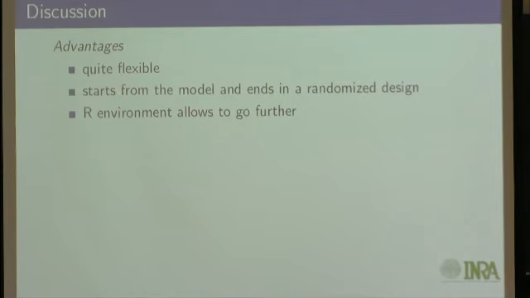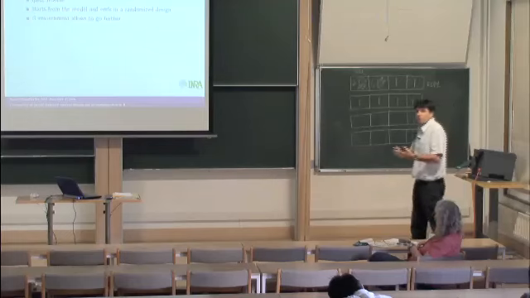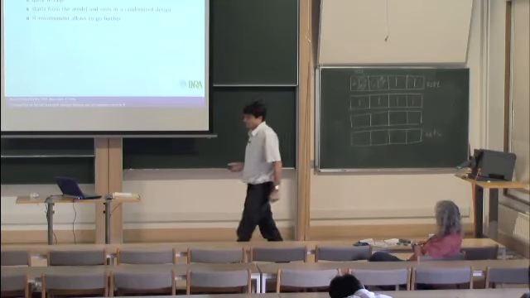And of course, if the speed is not too much of a problem, if the problem is not too big, it's very easy to try several solutions, to see that one solution is impossible because one specification is impossible to satisfy because there is no solution, to try to simplify the model and run again, etc. And a nice thing is that the R environment allows you to go further if you want to.